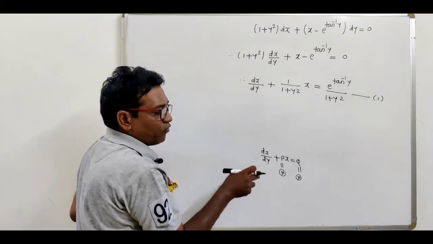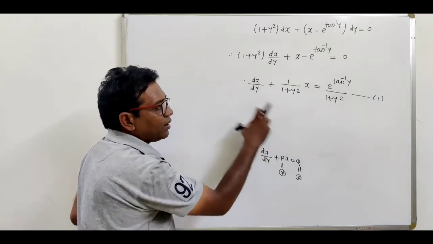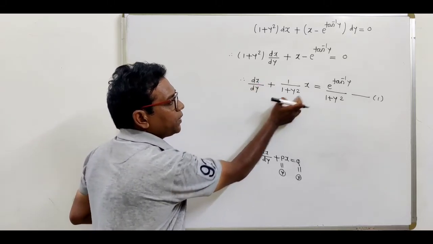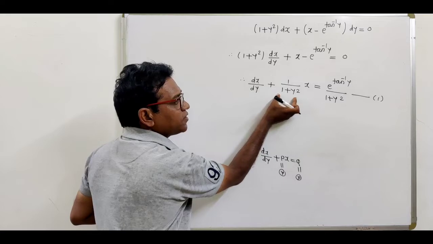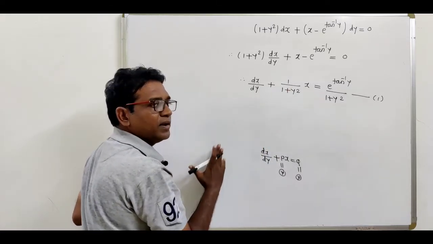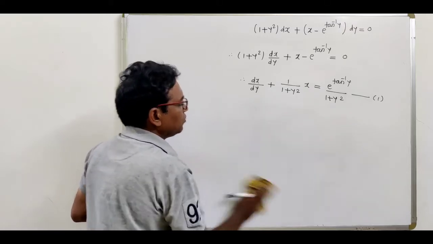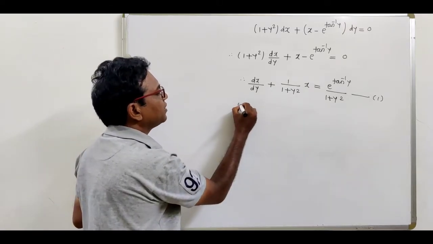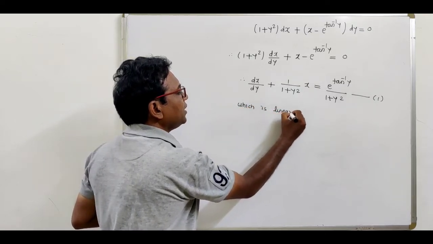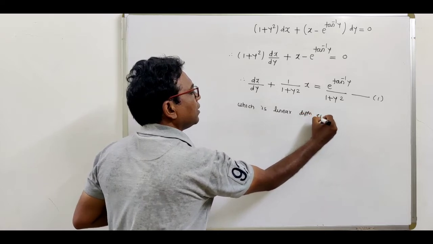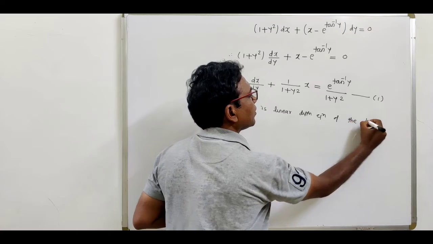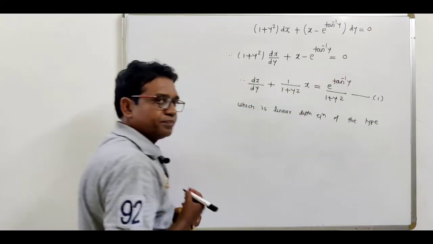So this is our given form. What is the form? This is a linear differential equation, and the form is dx by dy plus p into x equal to q, where p and q should be functions of y. So this is obviously a linear differential equation. So write down the identification here: linear differential equation of the type.